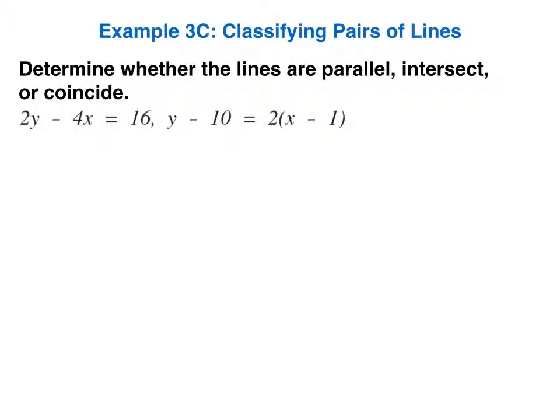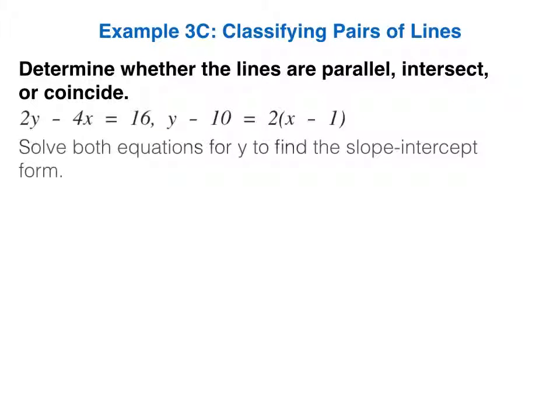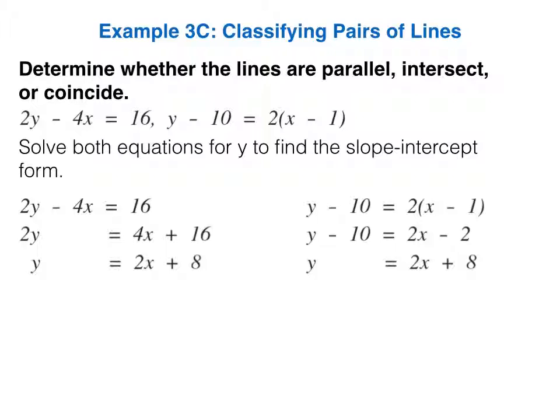Determine whether the lines are parallel, intersect, or coincide. We have 2y minus 4x equals 16, and y minus 10 equals 2 times (x minus 1). This time we have to solve both equations for y to find the slope-intercept form. The first one, we add 4x to the right-hand side, and then divide everything by 2 to get y equals 2x plus 8.